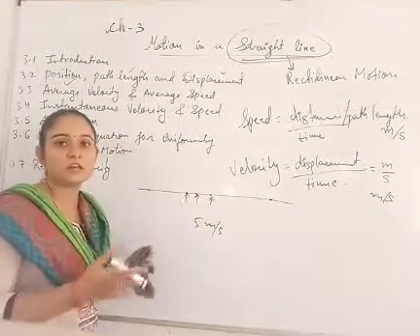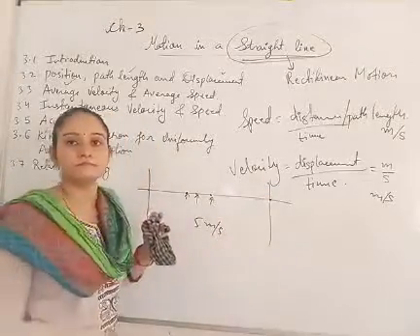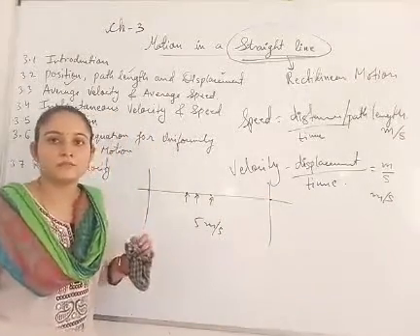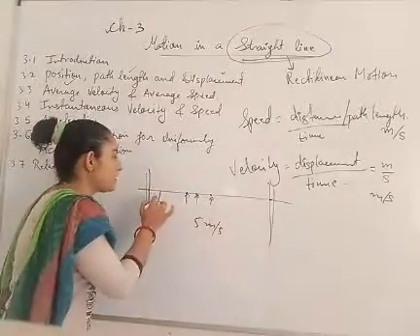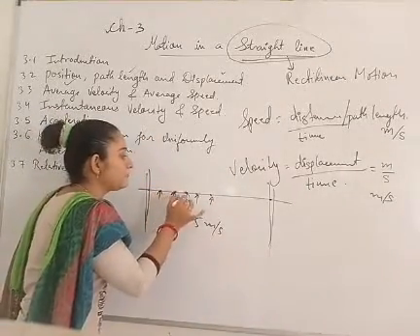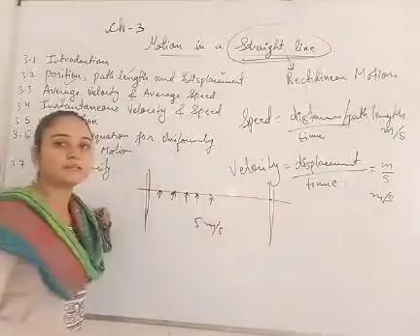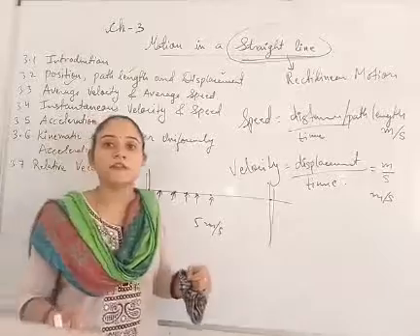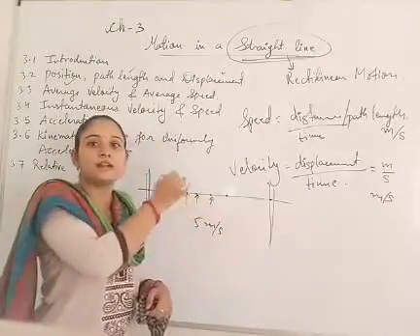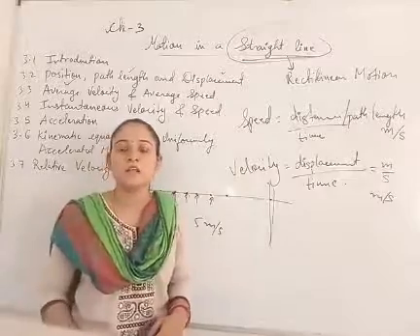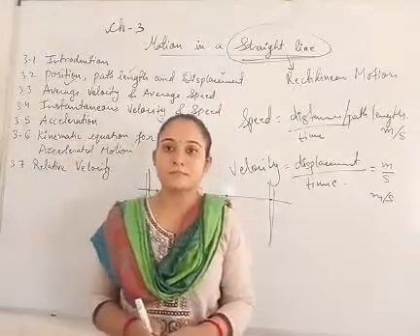Average velocity is the average of the total path covered. Clear? Velocity may be different at different points. So average is for the whole path, but what is the velocity at that specific point, that specific position, at that specific time?